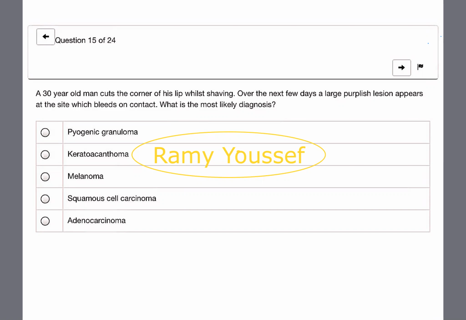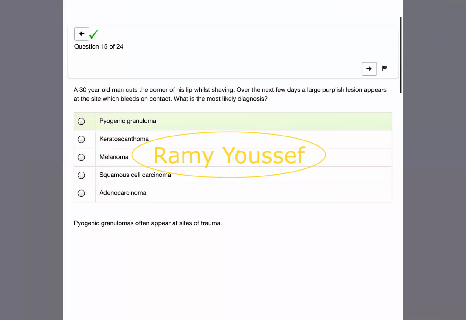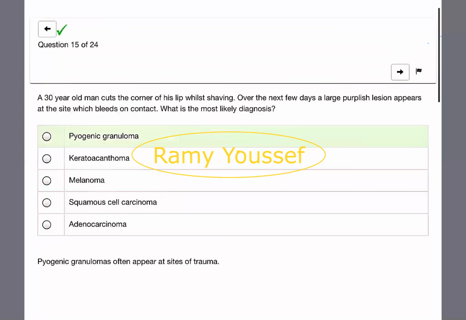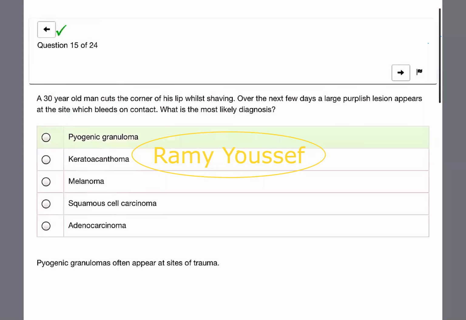It is not melanoma. No melanoma, squamous cell carcinoma or adenocarcinoma will happen on the lip after a few days. So it is pyogenic granuloma. Any recent wound in a young patient may develop a pyogenic granuloma if he didn't take care of it.